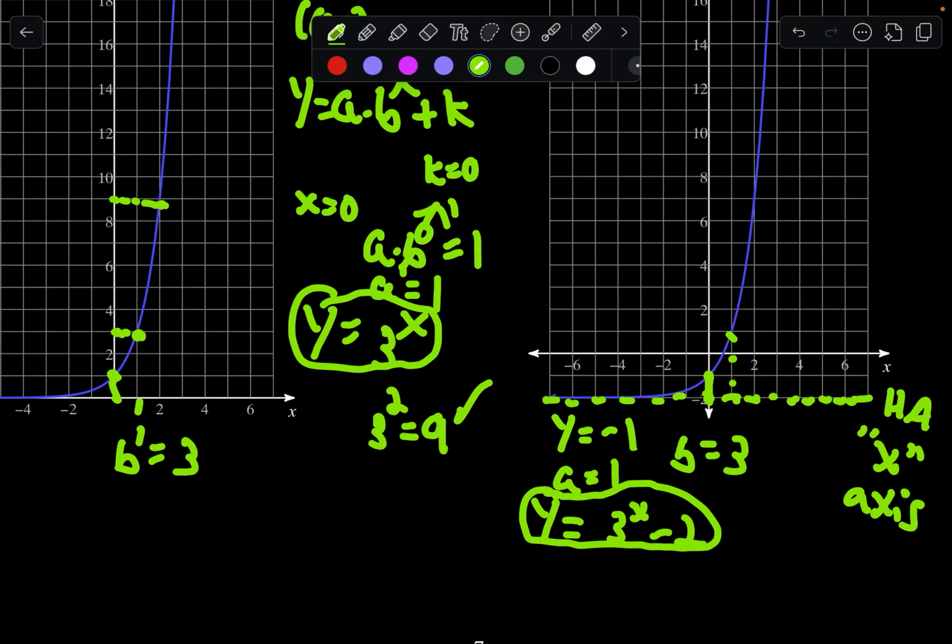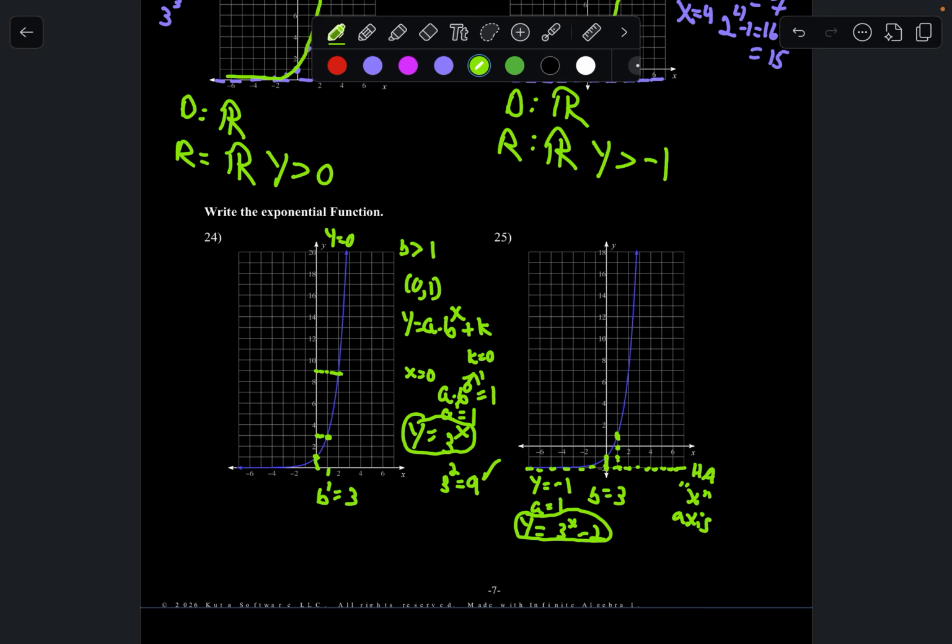That told us a was 1, okay? Because the y-intercept is basically 0, 1. And also when x is 1, we go up 1, 2, 3, so the base is 3. And there you go. That's how you do this.